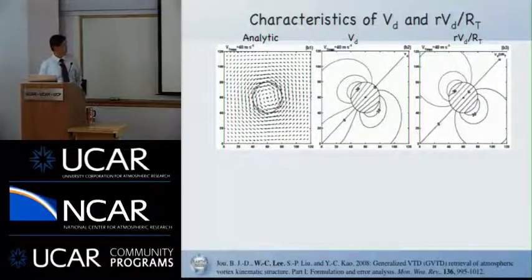Okay. About 20 years ago, Benjo and I, whom I want to recognize as my co-author, found that if you display the Doppler velocity in this manner, which is r times vd scaled by rt, where rt is the distance from the radar to the tropical cyclone center, you get a symmetric dipole in this form for a Rankine vortex.